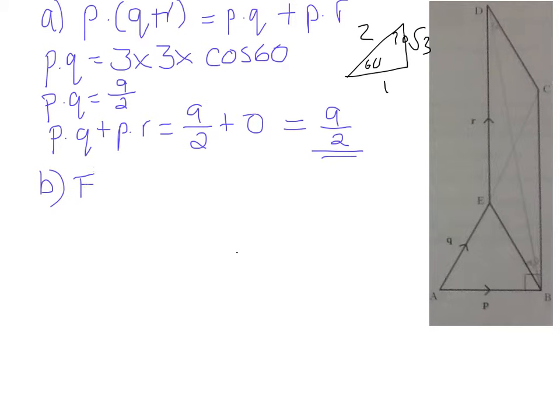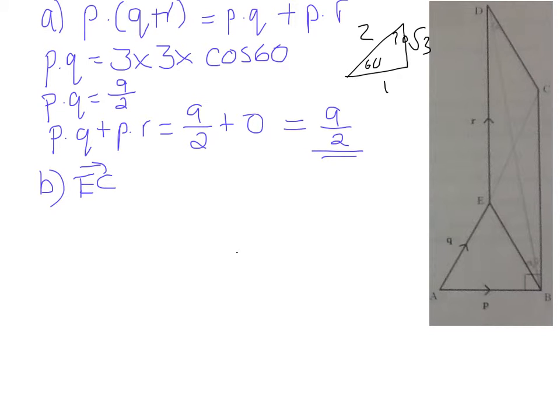Okay, B, next we're asked to express EC in terms of P, Q and R. So this is just an alternative journey. So EC, we're going from here to here, but we need to go via a route that includes our vectors.